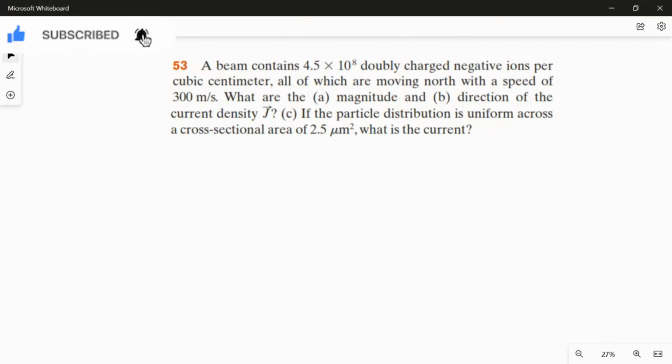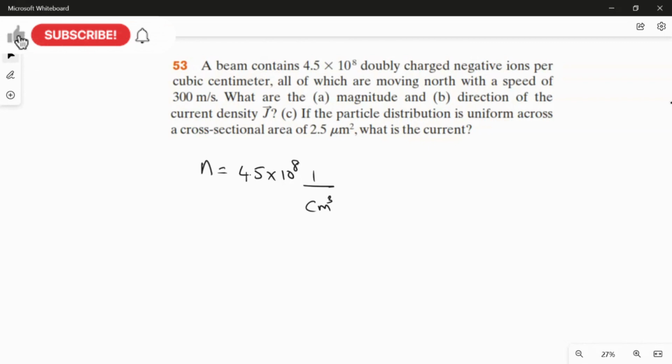Let's rewrite the given first. The number of charge carriers is given, n, which is equal to 4.5 × 10^8 per cubic centimeter. So we have to convert this cubic centimeter to cubic meter.